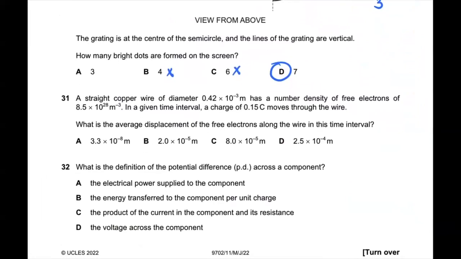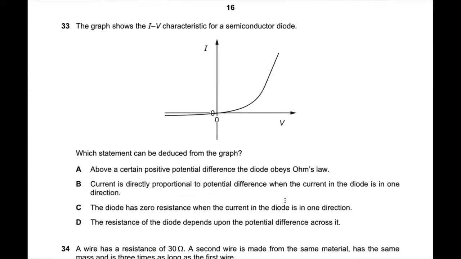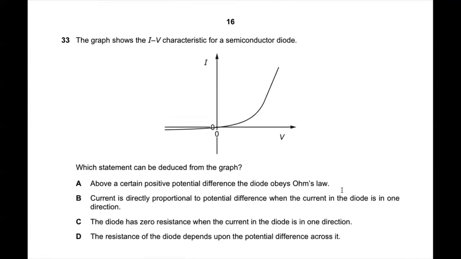All right, what else do we have here? 33 is seemingly tricky. All right, so 33 says the graph shows the I-V characteristic for a semiconductor diode.